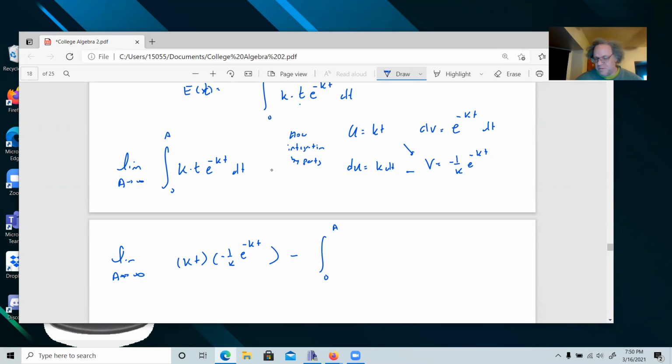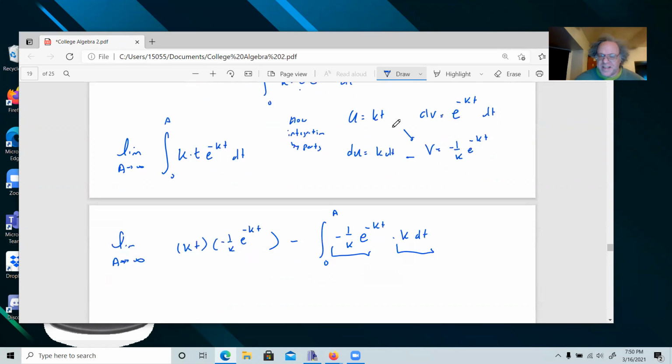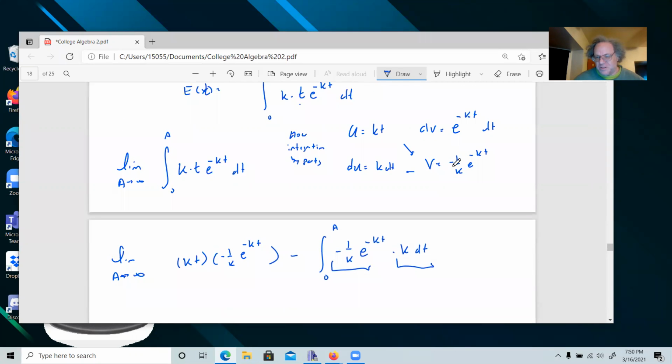That's going to apply to both of these. And we have negative 1 over k e to the negative kt times k dt. Just thinking it's been a while since we've done integration by parts, so I'm trying to go a little bit slow with putting all the pieces back in, that way we can follow along.